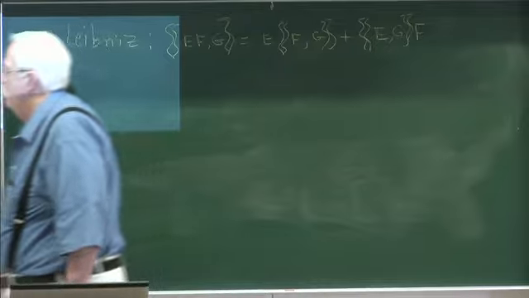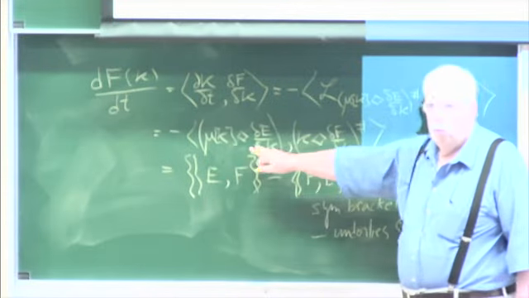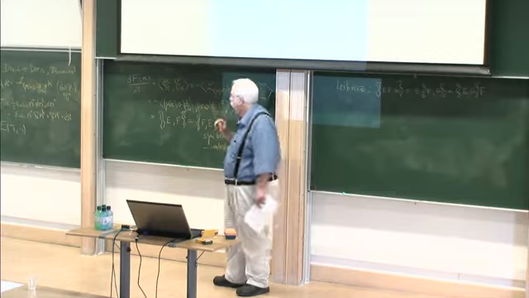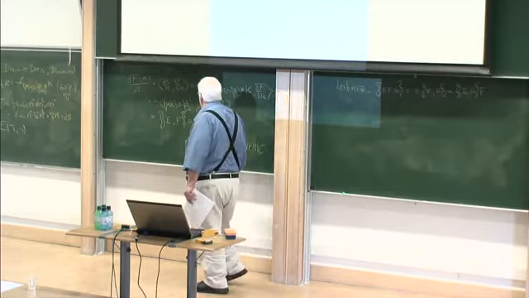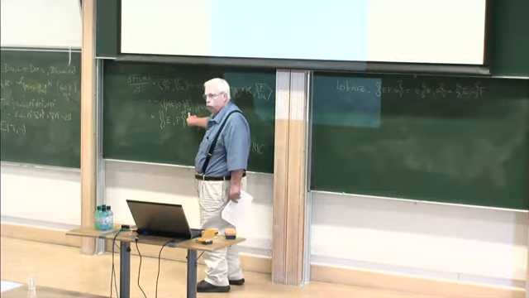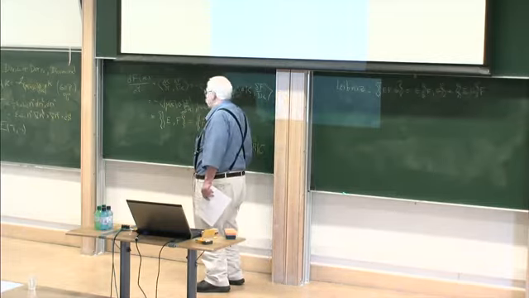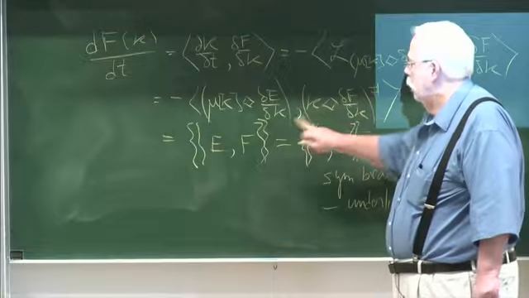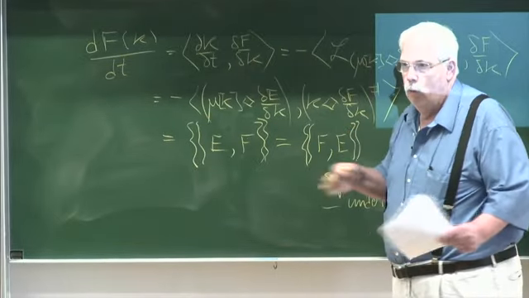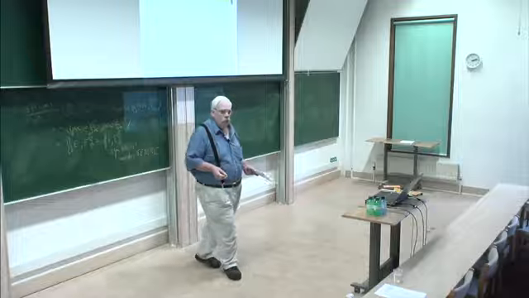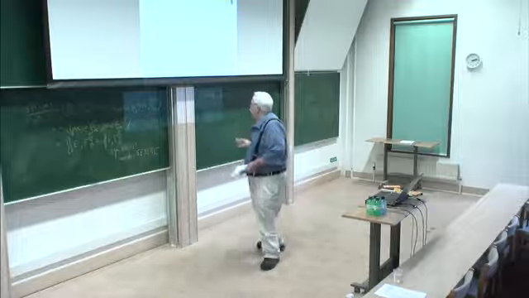And because of the properties of the diamond that this comes out, and the reason you can see it right away is because the only place where E and F appear are under gradients. So of course, just go straight through. It satisfies the product rule, which is Leibniz.